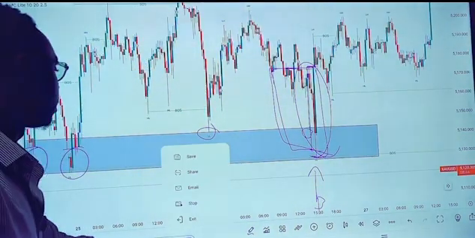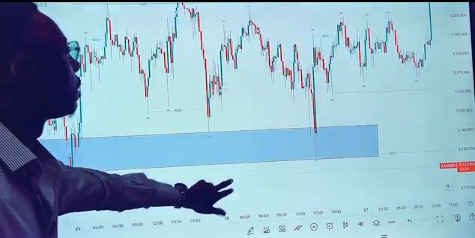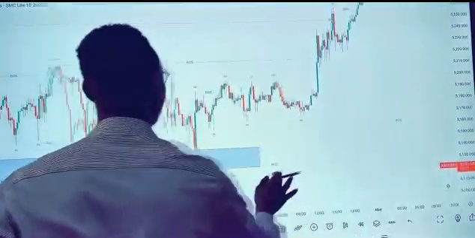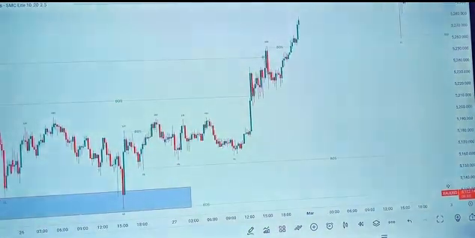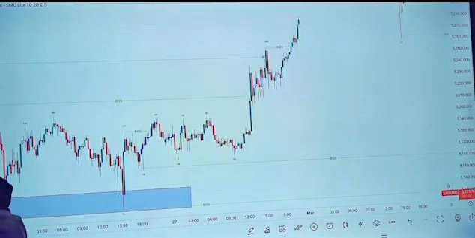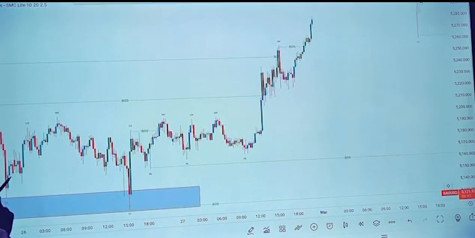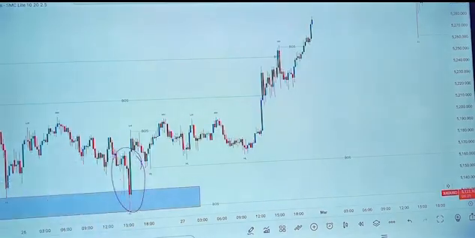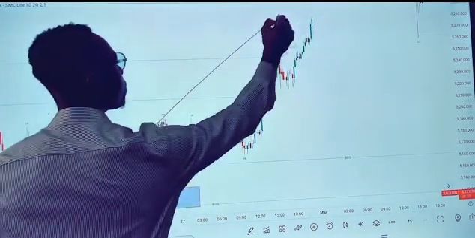So from here, look at the move this zone was able to cause. Check this zone. This candle, this bullish engulfing right here, was able to cause the whole of this move.